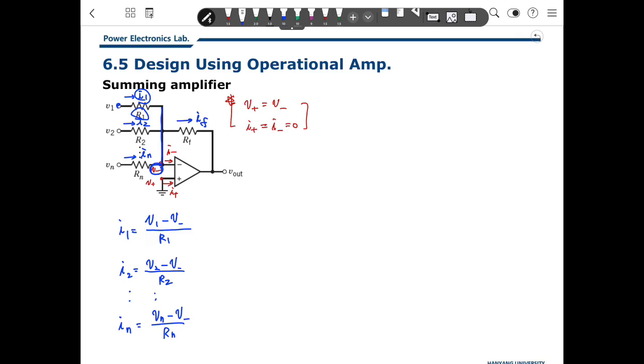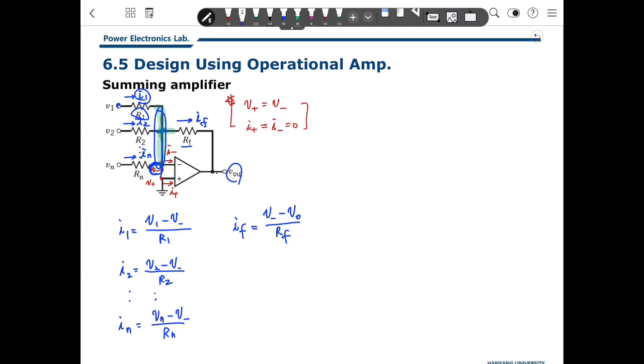And also we can get IF, because this is V negative and this is V out. So IF flowing through RF is V negative minus VO divided by RF. So we can make a node KCL to get the node equation here.